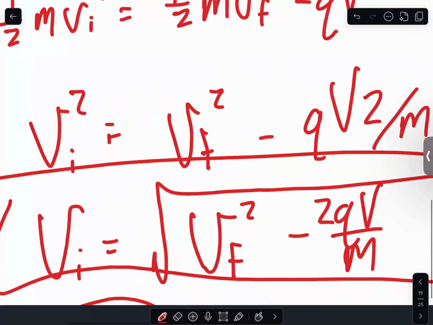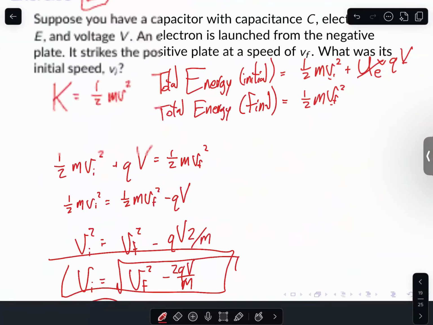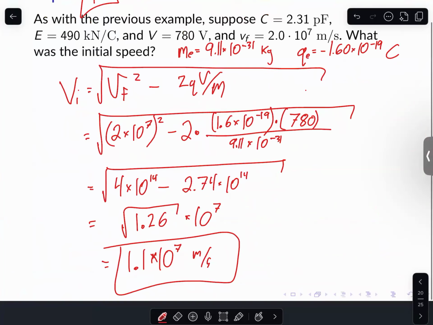Look, for example, the square root of 25 minus 9. Is the square root of 25 minus 9 the same thing as 5 minus 3? Let's test. What's 25 minus 9? 16.